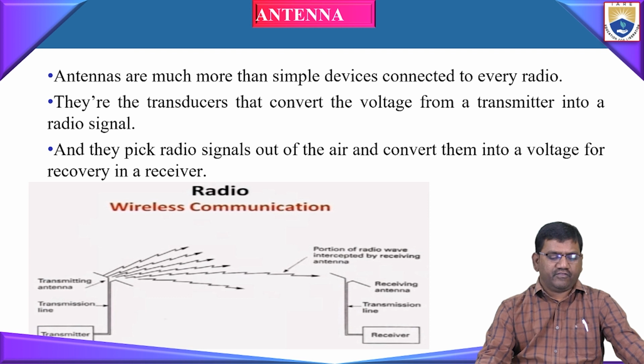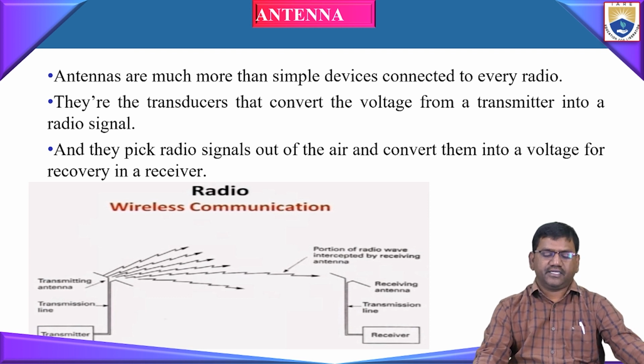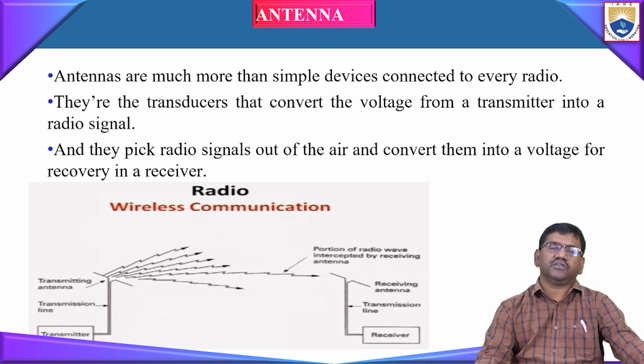We give an electrical signal to the transmitting antenna, and it converts this electrical energy into radio energy. Hence, the antenna is called a transducer. They also pick up radio signals out of the air and convert them into a voltage for recovery in a receiver.